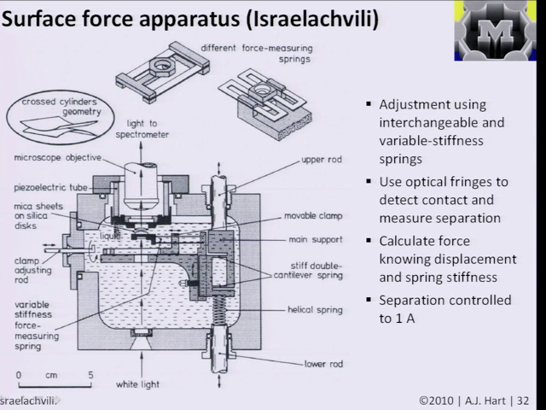And I won't show more today, but nowadays also AFM is used, for example, to measure surface forces, because you can relate the stiffness of the cantilever to basically what's pulling it down when you're measuring something. But his apparatus tries to measure the interaction between, for example, two crossed cylinders.